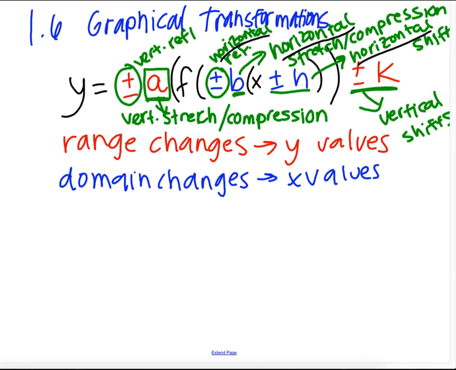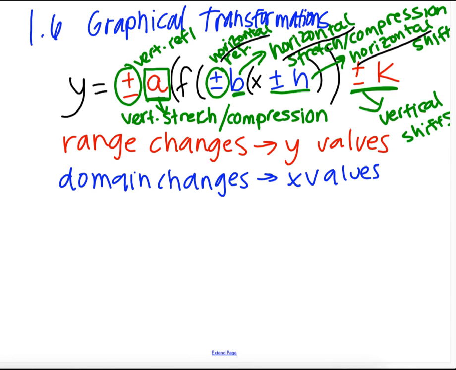Pretty much what we're going to do is a few examples with these. That parent function graph page that we made last Friday is going to be really useful in starting out and then graphing it. You can always use your calculator to confirm, but you want to know these transformations without a calculator as well.